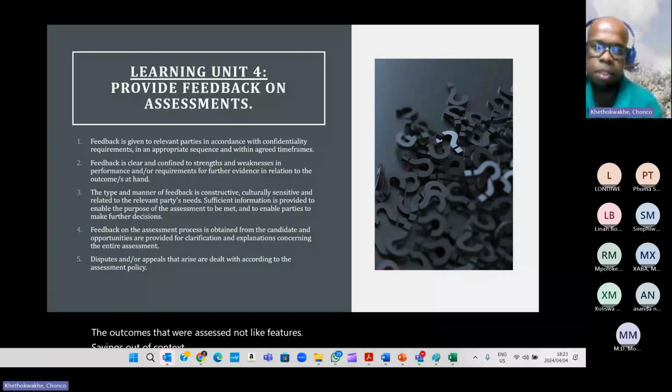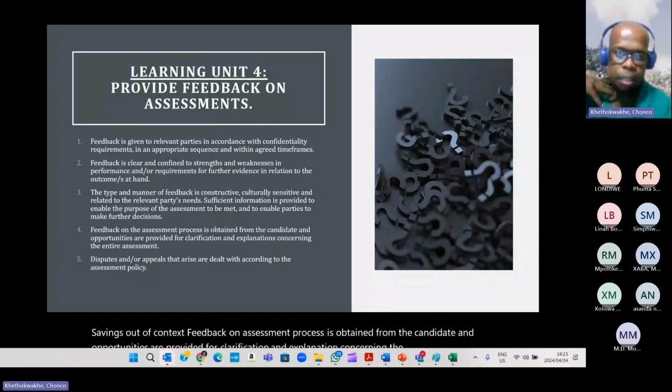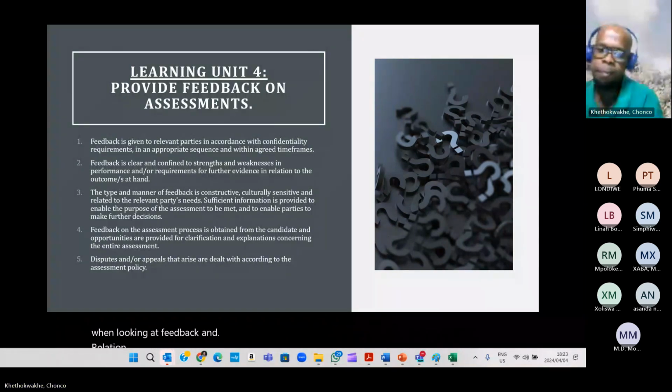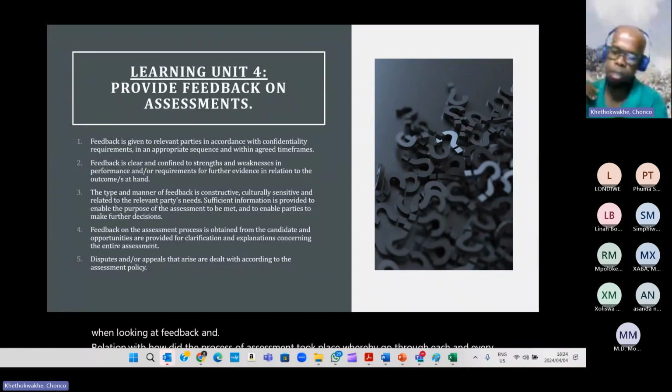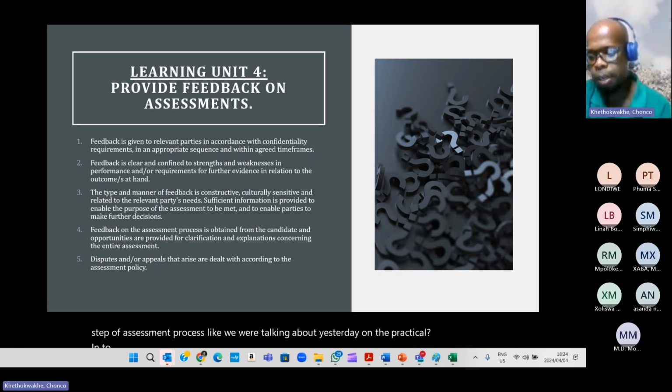Feedback on the assessment process is obtained from the candidate, and opportunities are provided for clarification and explanation concerning the entire assessment. So when looking at feedback in relation to how the process of assessment took place, you go through each and every step of the assessment process, like we were talking about yesterday on the practical. Was there a meeting to confirm what would be assessed?